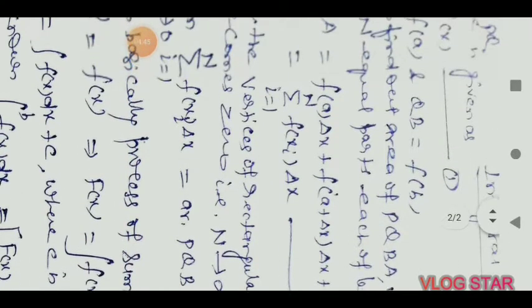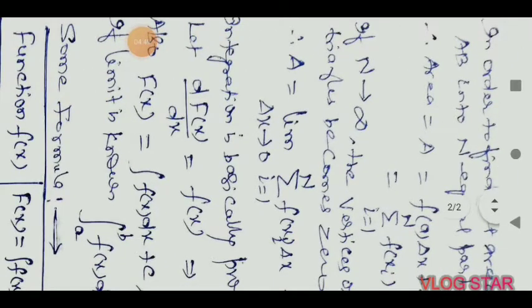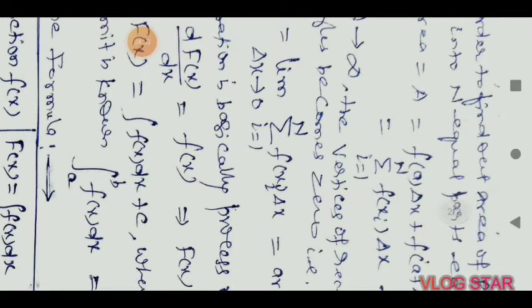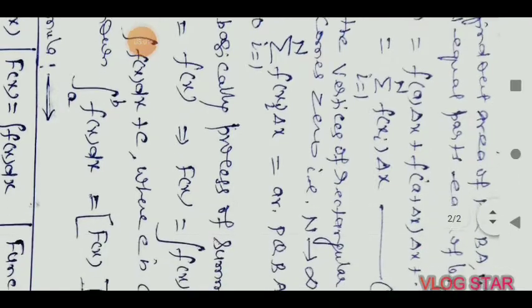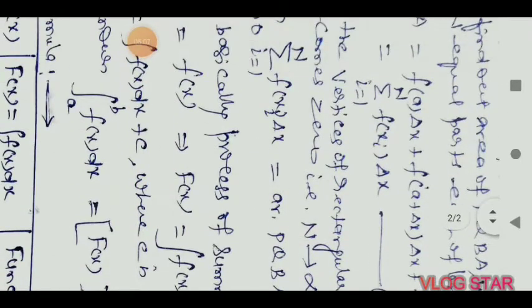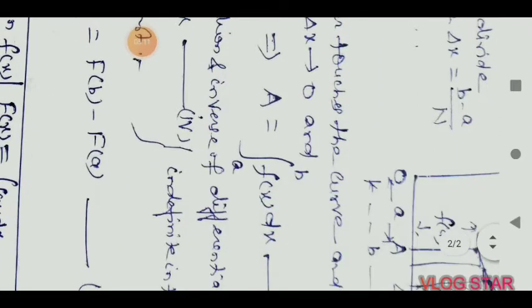So the area is the limit as delta x tends to 0 of the summation of f(x_i) delta x, with i equal to 1, 2, 3, 4 and so on, from i equal to 1 to n. That will be the area of the graph, and that limiting value can be written as A is equal to the integration from a to b of f(x) dx.